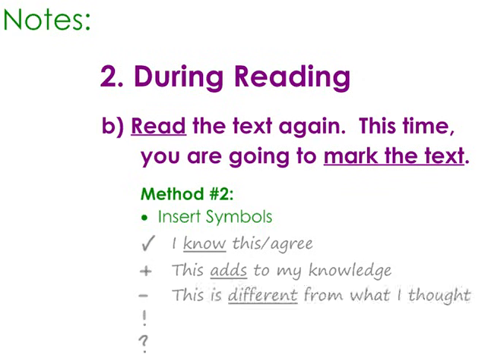A subtraction sign is when you encounter something that's different from what you thought. You can use an exclamation for something that surprises you. And a question mark isn't so much if you're confused about something, though you can certainly use it for that, but more about something that makes you wonder about more information or connections to something else.